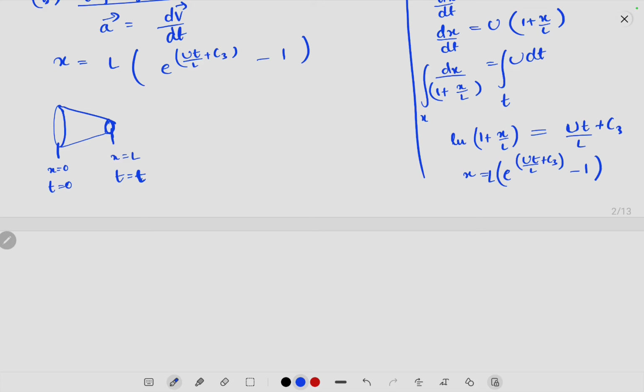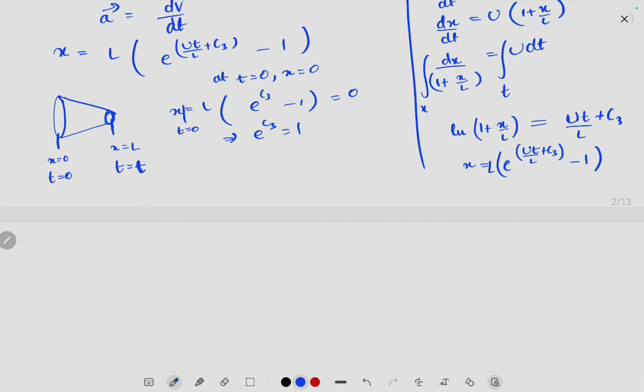Okay, so at t equal to 0, x is equal to 0, just put it over here, so it becomes e to the power ut by l plus, so t is 0, so this will be 0, plus c3, so this is c3 minus 1, this is equal to 0, at t equal to 0. This implies e to the power c3 is 1.